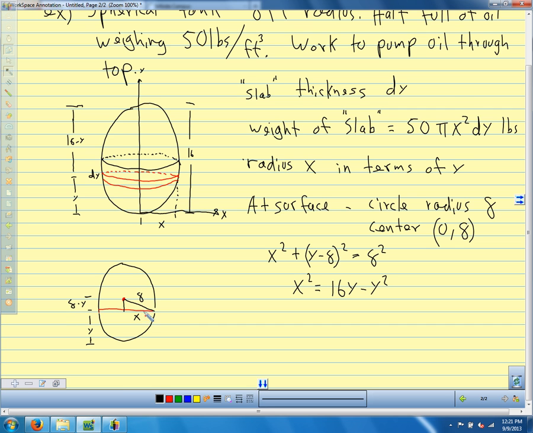And then I use the Pythagorean theorem on this triangle. So (8 minus y) squared plus x squared equals 8 squared, and I rearrange this and I get the same thing.